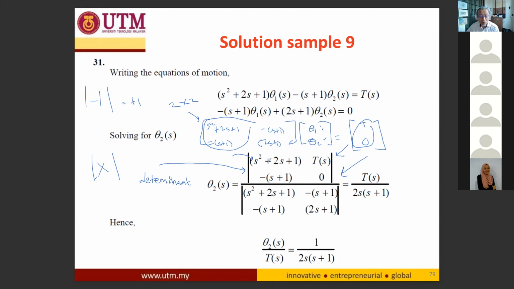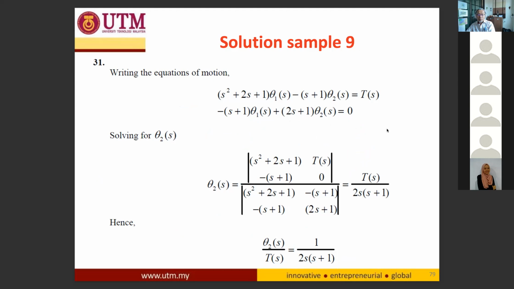So this one, s squared plus 2s plus 1, multiplied by 0, minus this one multiplied by this one. Simplify it and you will get 1 over 2s, s plus 1. Further details are in the book, chapter 2.